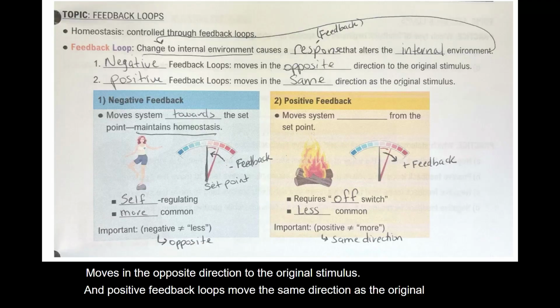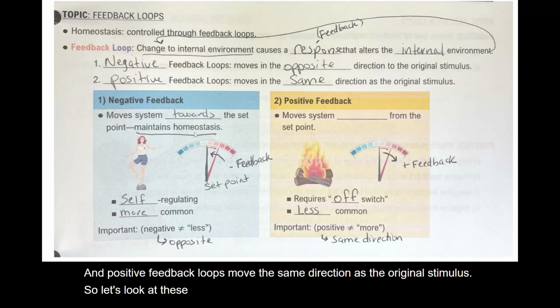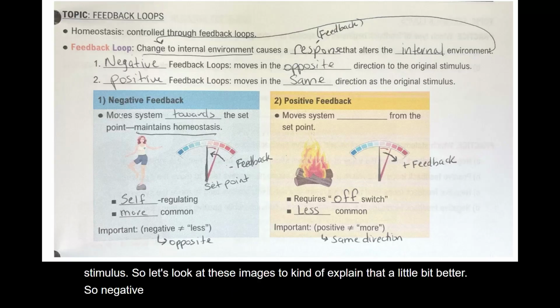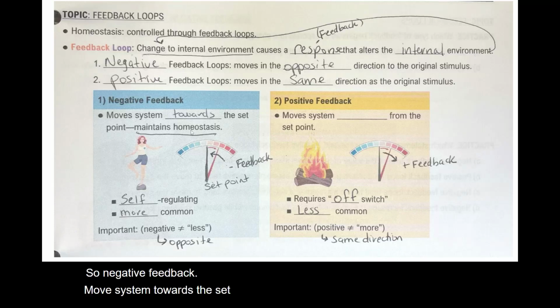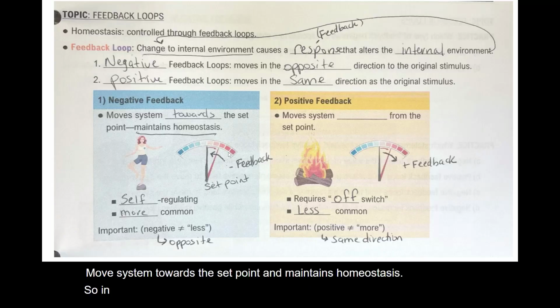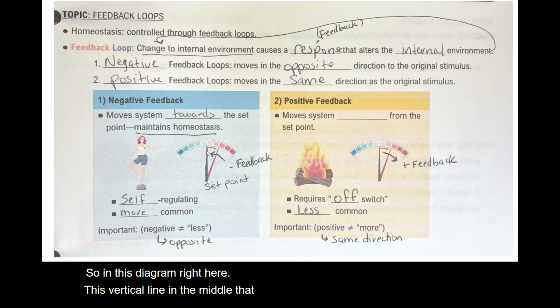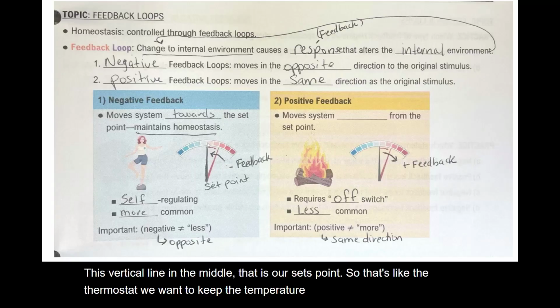So let's look at these images to kind of explain that a little bit better. So negative feedback moves the system towards the set point and maintains homeostasis. So in this diagram right here, this vertical line in the middle, that is our set point. So that's like the thermostat. We want to keep the temperature right here.